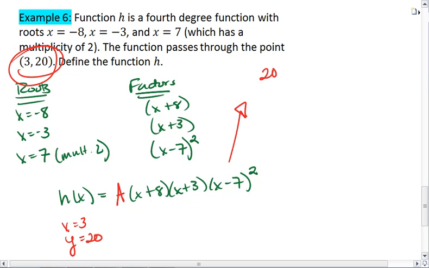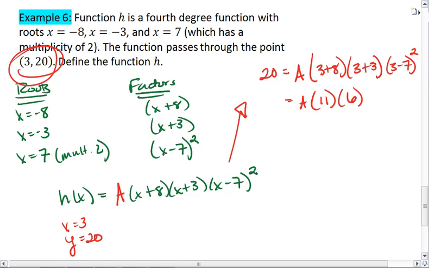So we get 20 equals a times 3 plus 8 times 3 plus 3 times 3 minus 7 squared, which equals a times 11 times 6 times -4 squared.